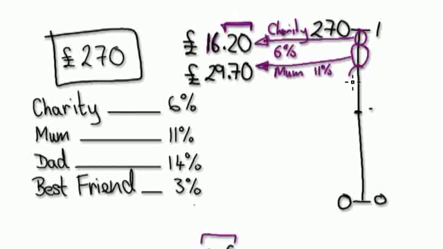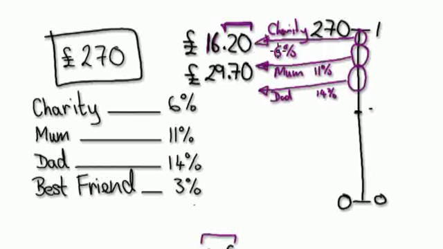Now Dad, 14% going to Dad, so slightly bigger than Mum's one. So this would be Dad here, and that's 14% really. Remember, here you've got 100 pieces.